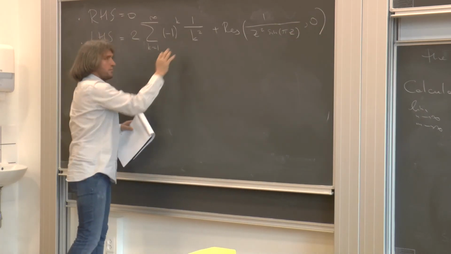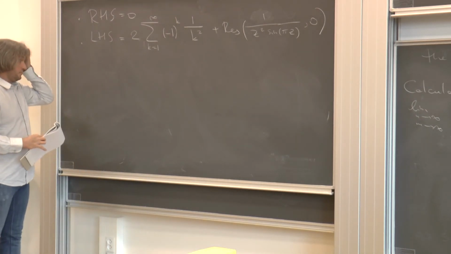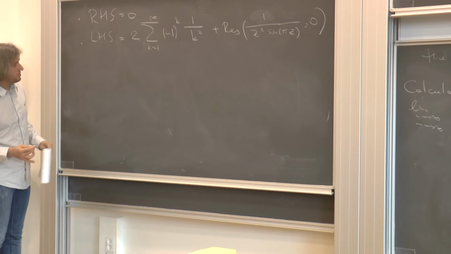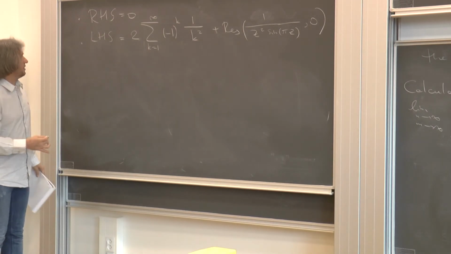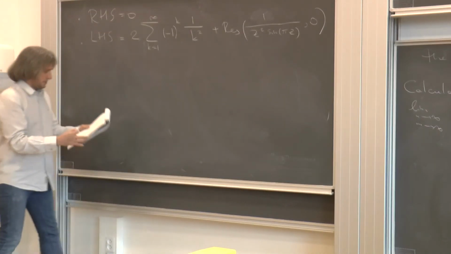So these are contributions from integers, both positive and negative, which are not 0, and then there's a contribution from 0.